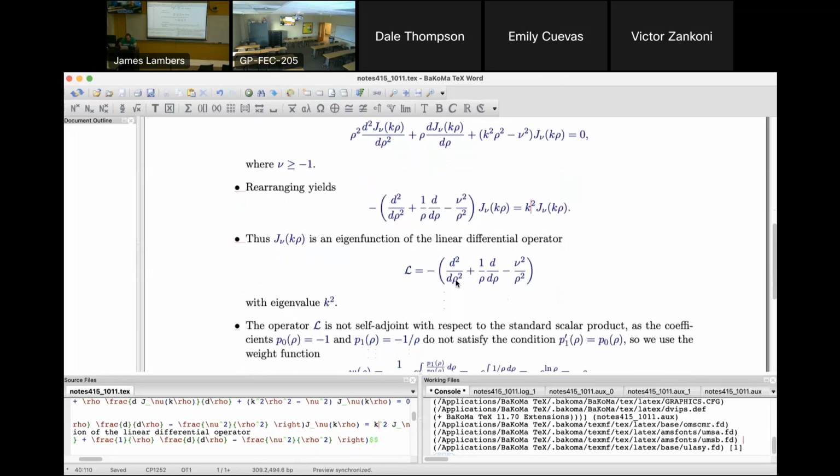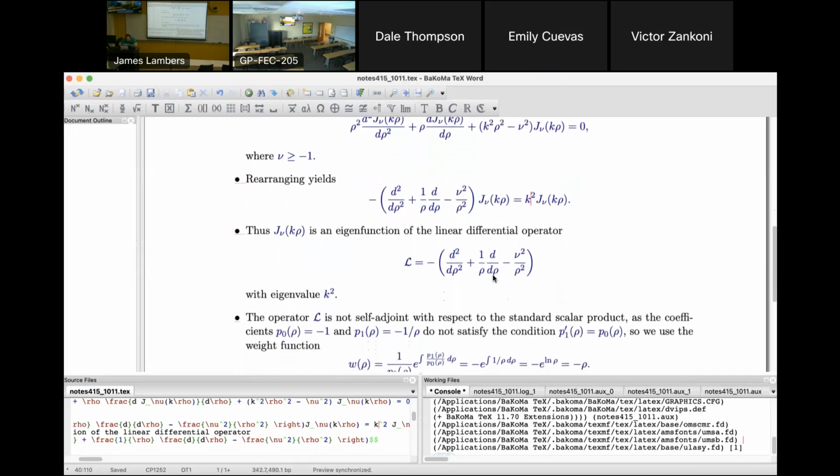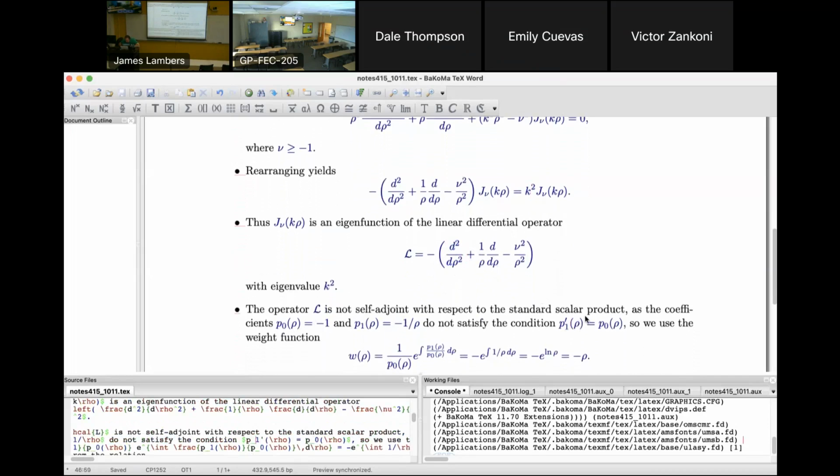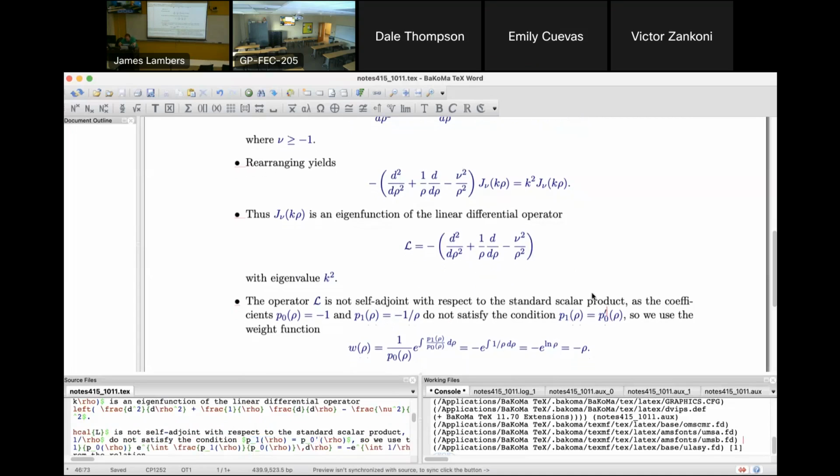This operator is not self-adjoint, because remember, to check for self-adjointness, you take the coefficient of your second derivative term, which is p naught, and the first derivative term, which is p1. P1 has to be the derivative. Wait, this is written totally wrong. The prime should be on the other side. P1 needs to be equal to p naught prime. Whoops. This is one of those 'you know what I meant' kind of deals.